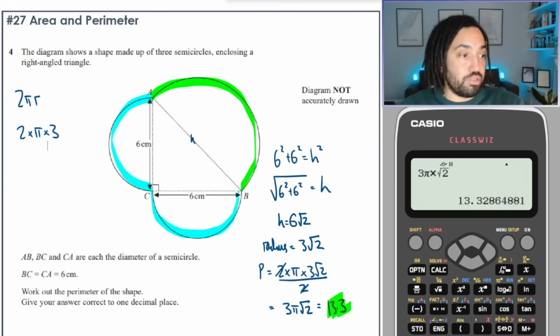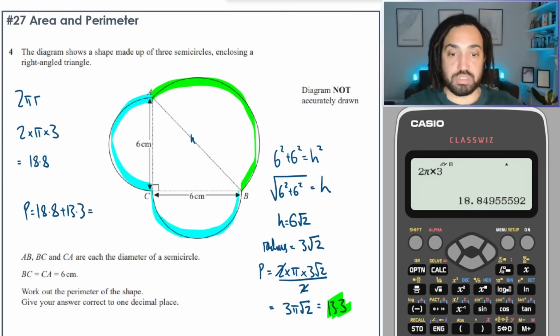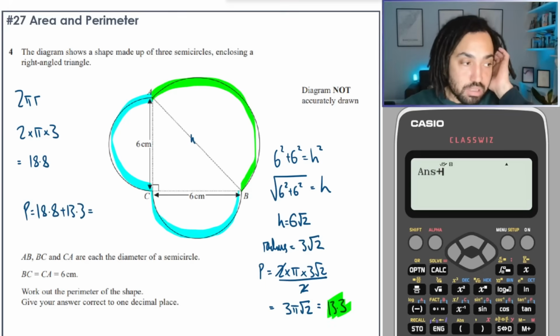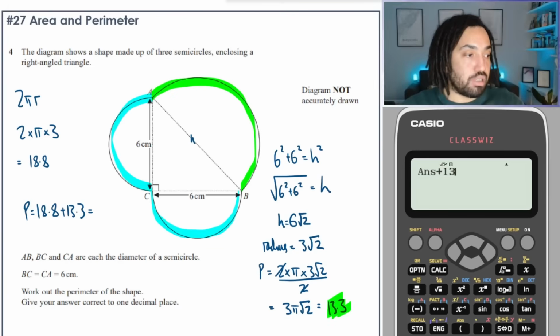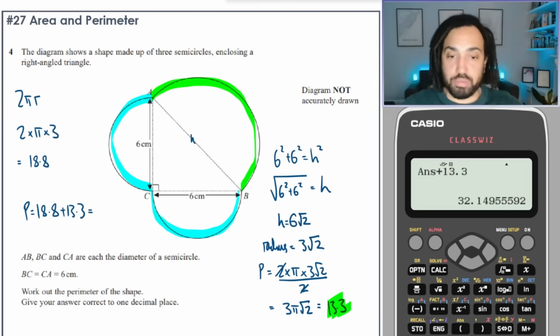So 2 pi times 3 is going to give me 6 pi, which is 18.8. Okay, so the total perimeter is 18.8 plus 13.3. And that gives me 32.1.